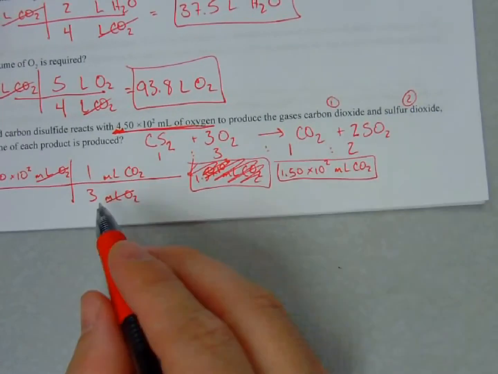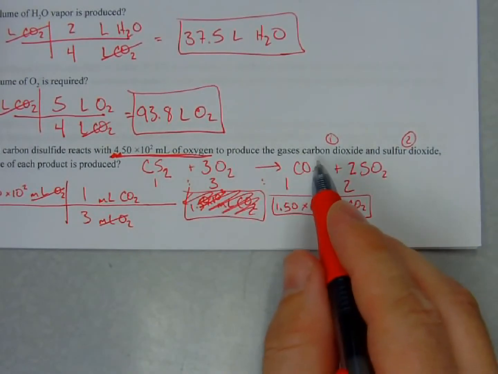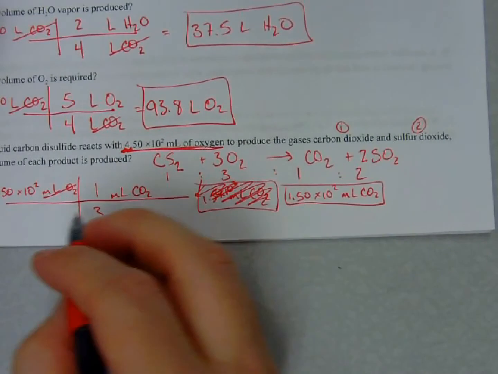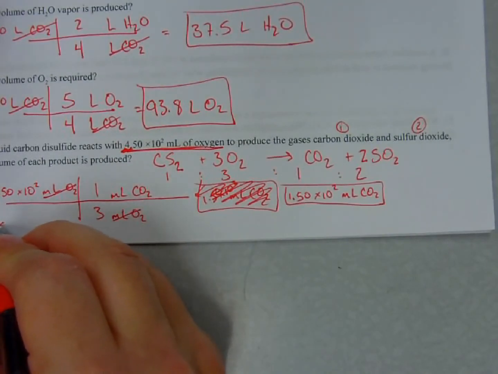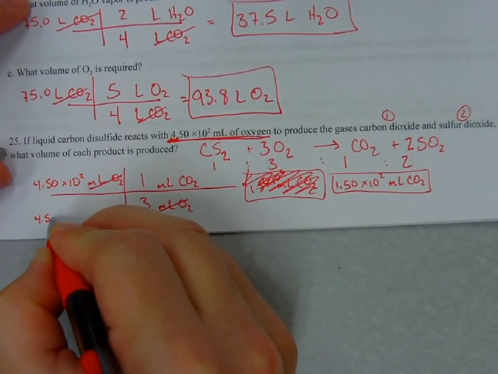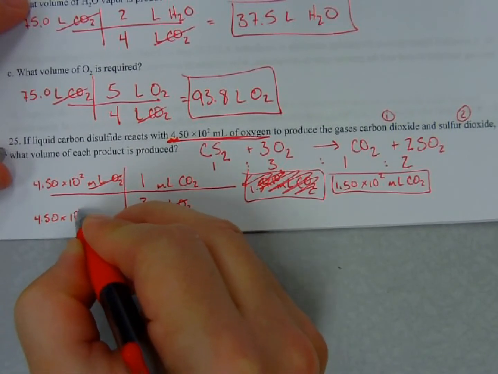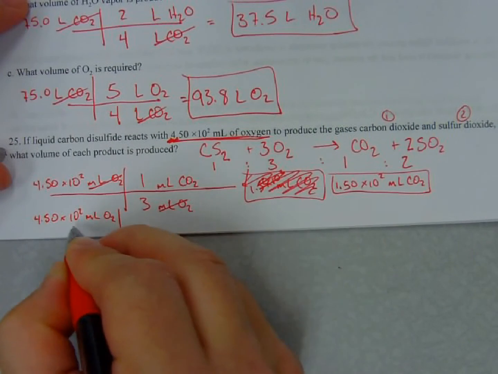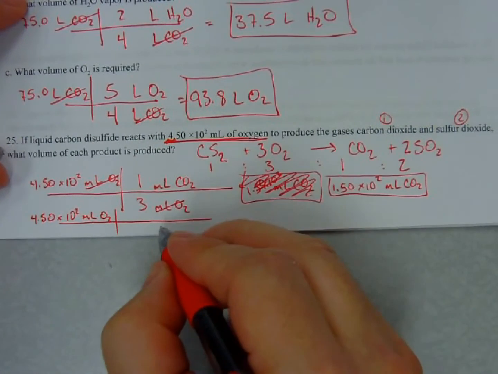So you can do the exact same thing, right? That was for carbon dioxide. I need to do the exact same thing for sulfur dioxide. So I'm going to start with my 4.5. It's going to get a little bit scrunchy over here, guys, so bear with me. Starting with that same amount of O2, right? Because that's what the question told me to start with.